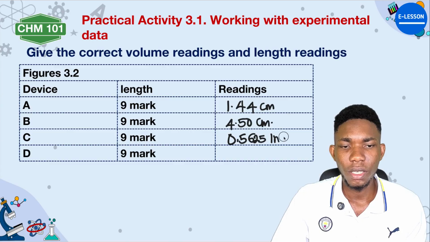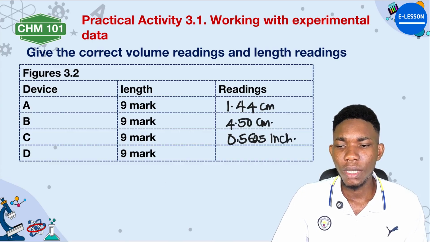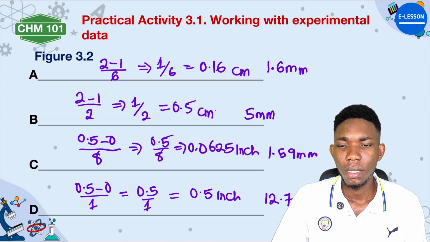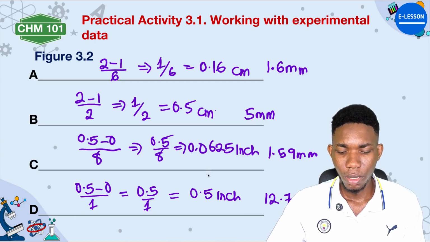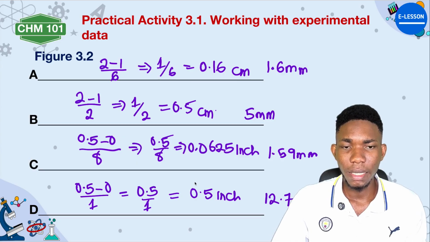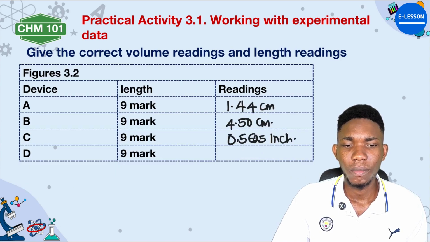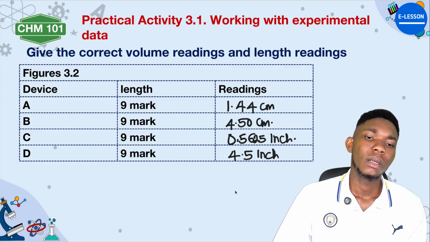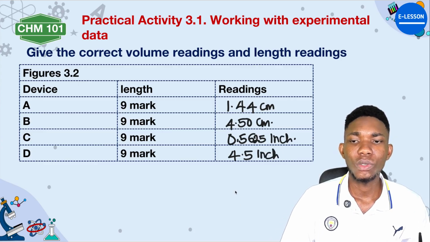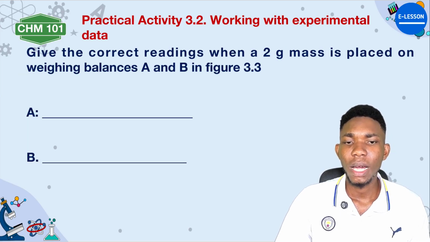Then for D, it is 0.5 inch times 9 again. That will give us 4.5 inch. All right, so that is basically everything you need to know for this particular one.